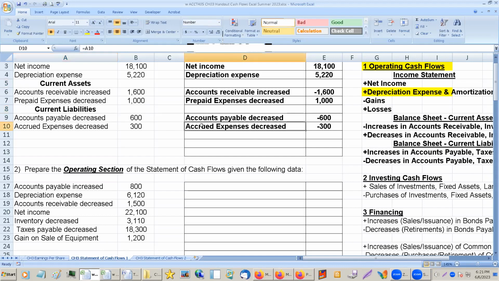Oh, what are accrued expenses? Accruals are just things that haven't been paid yet. Truthfully, an accounts payable is an accrued liability. So accruals, the way we use it in accounting, they just haven't been paid yet. And an accrual is, a liability is basically an accrual.